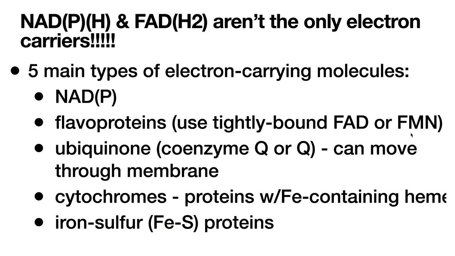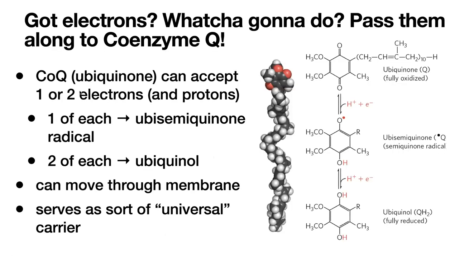And that is a molecule that is going to come into play in complex 1, as we'll see. Ubiquinone, also known as coenzyme Q or Q, can move through the membrane. And then we have cytochromes, which are proteins with iron-containing heme groups, as well as iron-sulfur proteins. We'll talk a little bit more about these different ones.